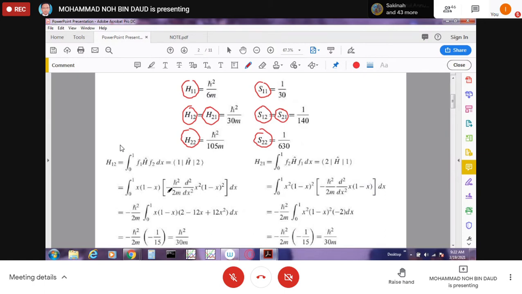The evaluations of H12 and H21 give the same value for these matrix elements because we use real basis functions.